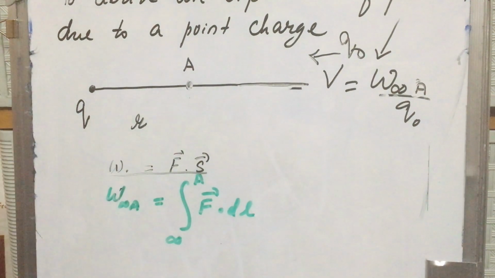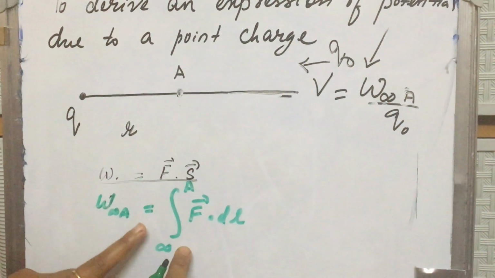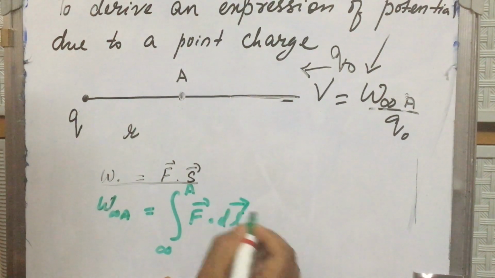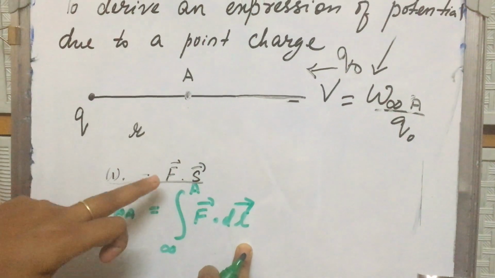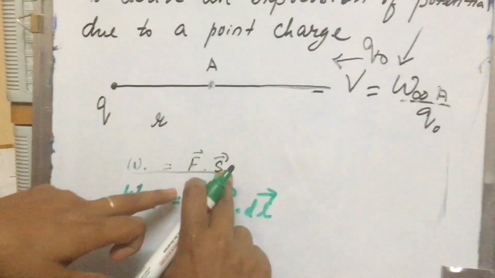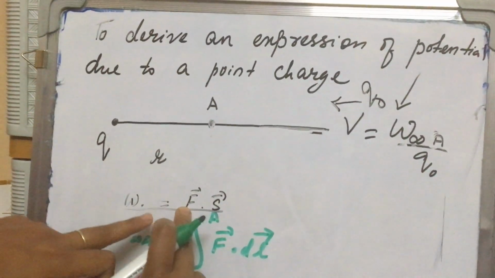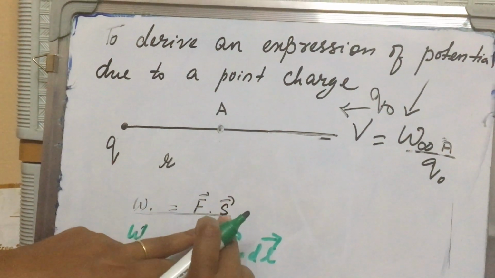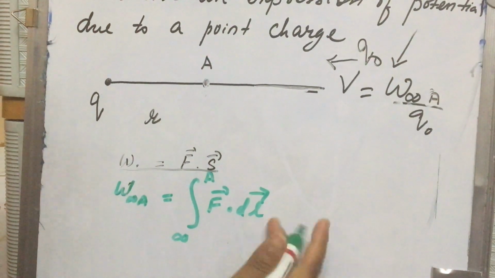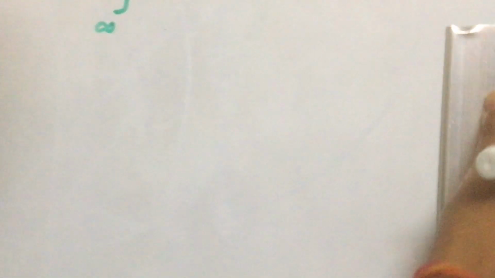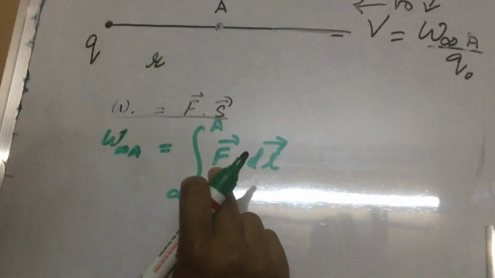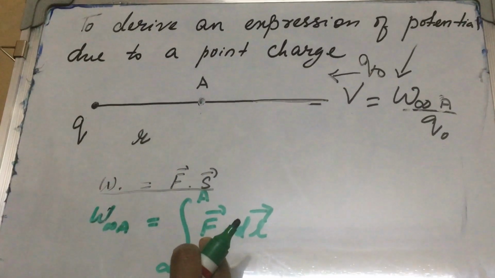Whenever we see integration type of things, this is always true. If the force is constant, then for all the distance s, the force will be the same, so F dot s. Now this dl is a very, very small length, and we assume that over this length the force is a constant force.